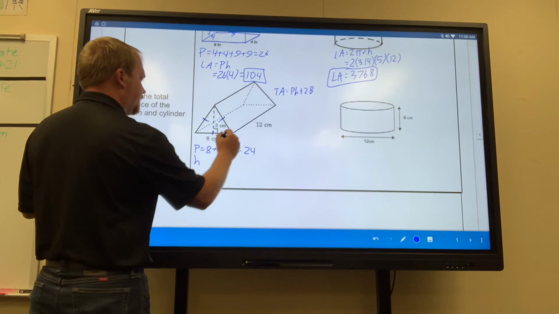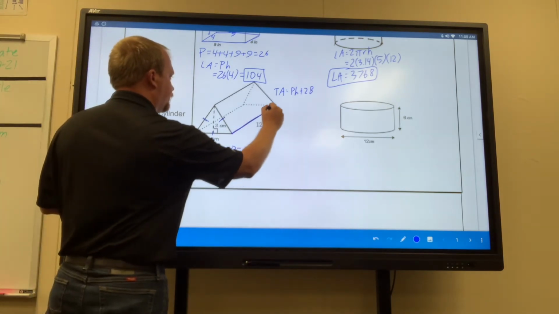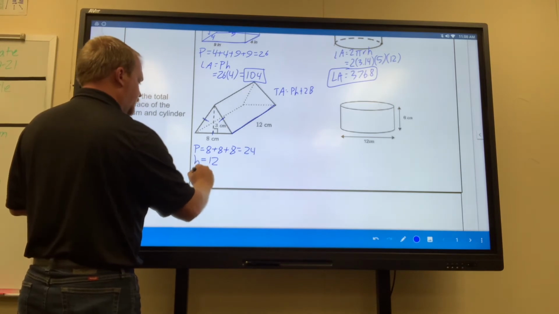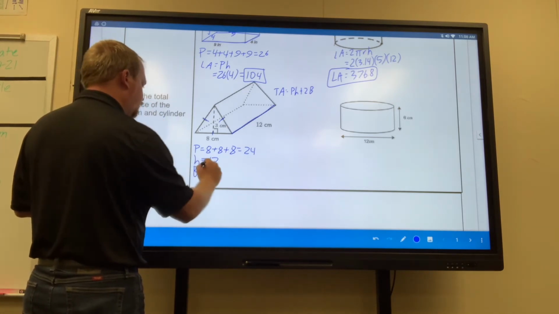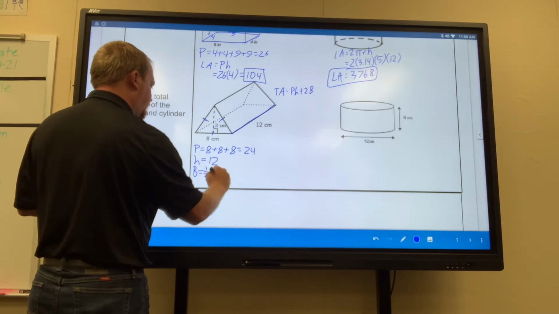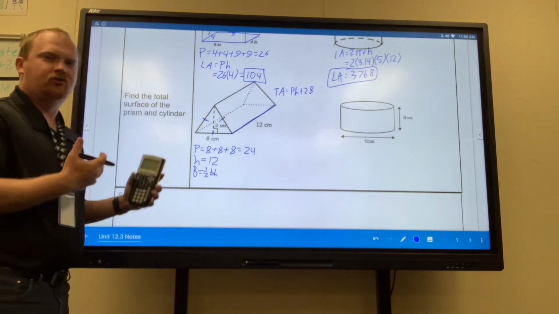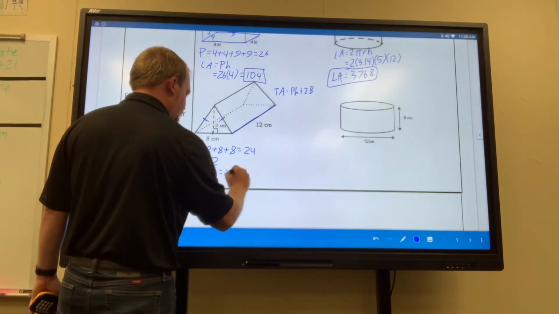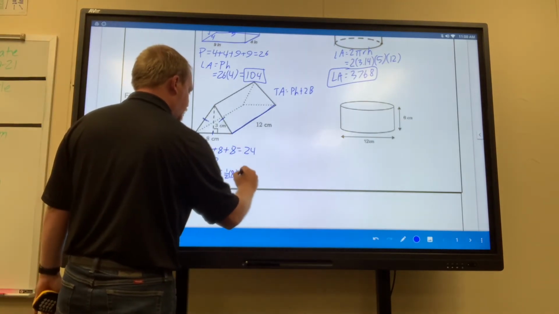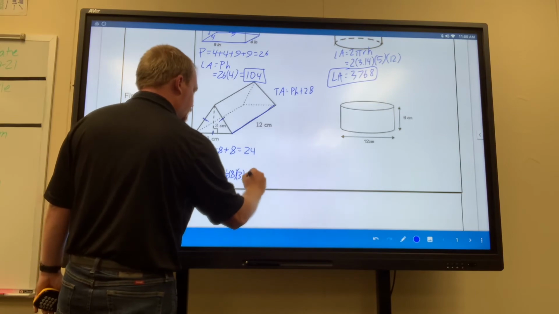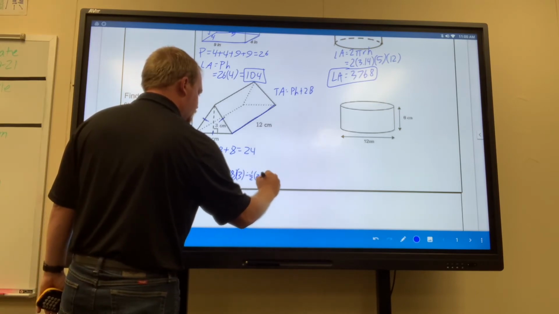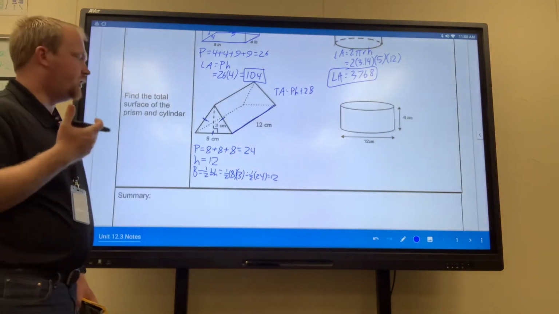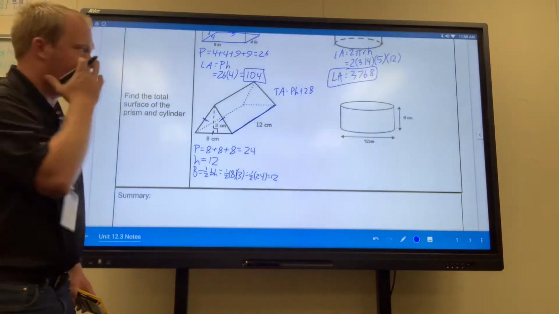Now the height is how long it is between the two bases, which is 12. And to find the area of the base, remember, it's 1/2 times the base times the height of that triangle. The base is 8 and the height is 3. So 1/2 times 24, which is 12. So the area of the base is going to be 12.